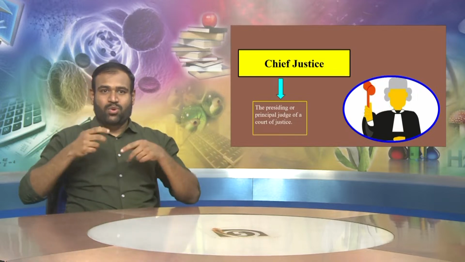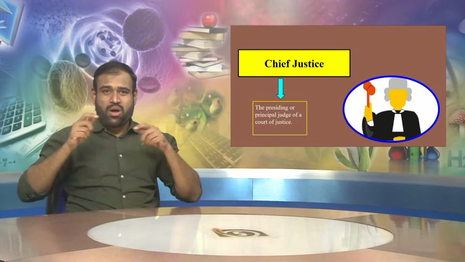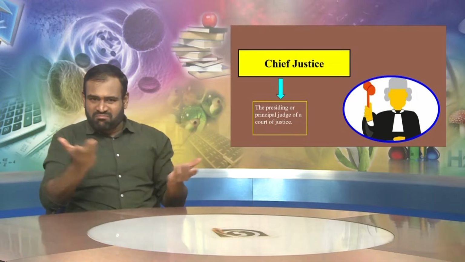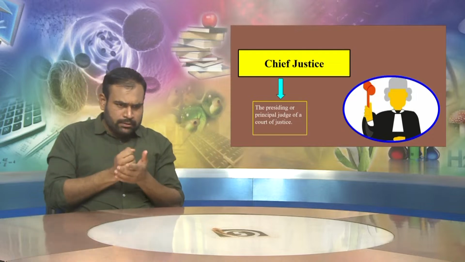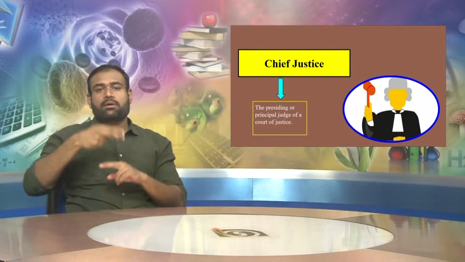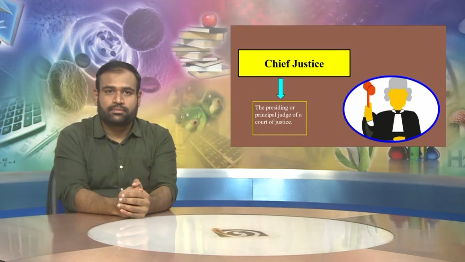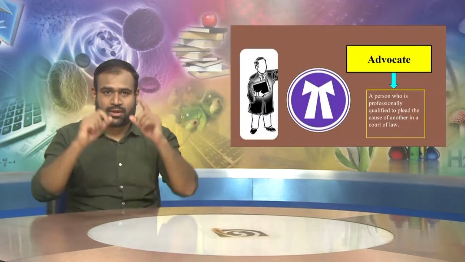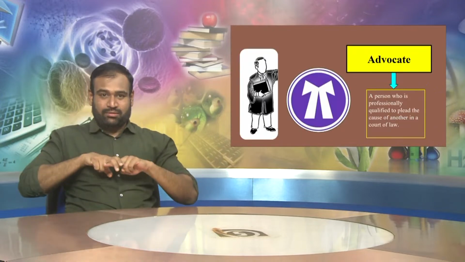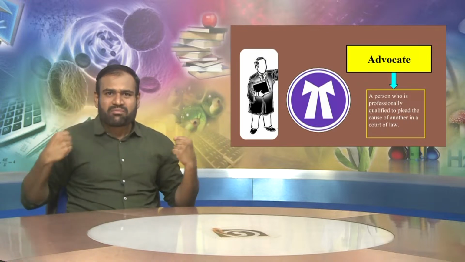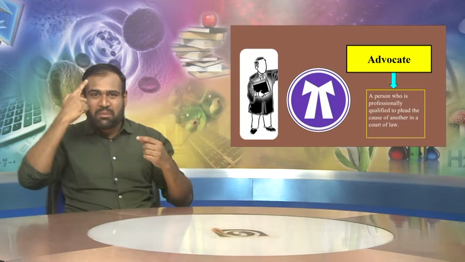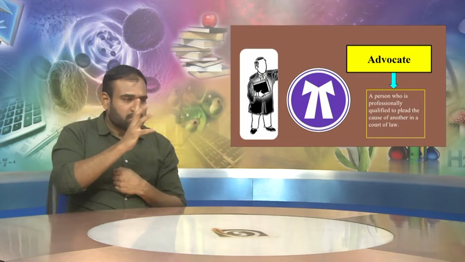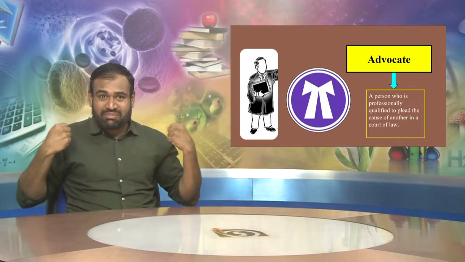In the picture you can see Chief Justice, the presiding or principal judge of a court of justice. Advocate, a person who is professionally qualified to plead the cause of another in a court of law.